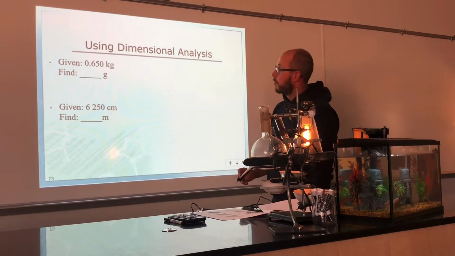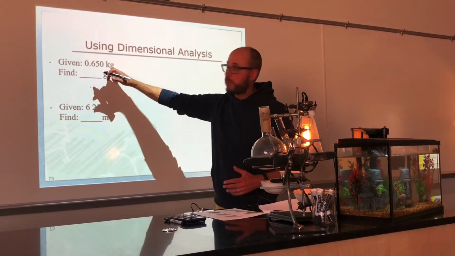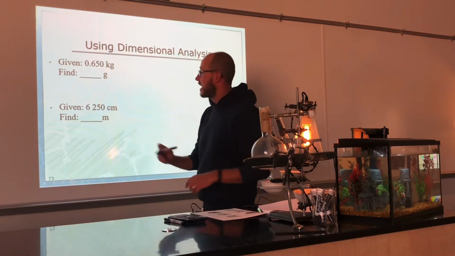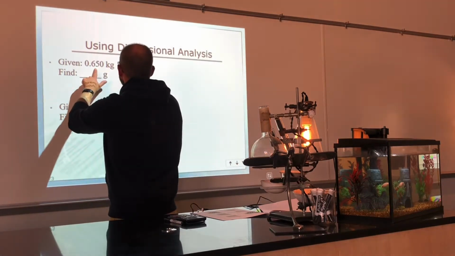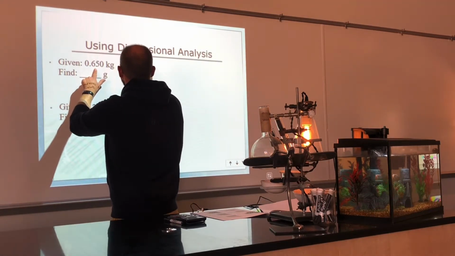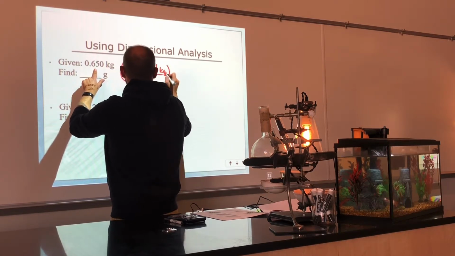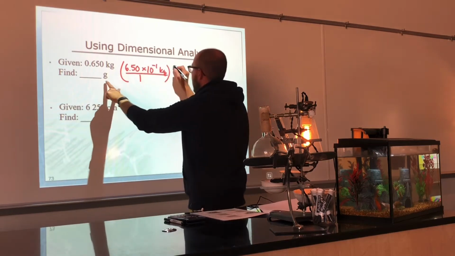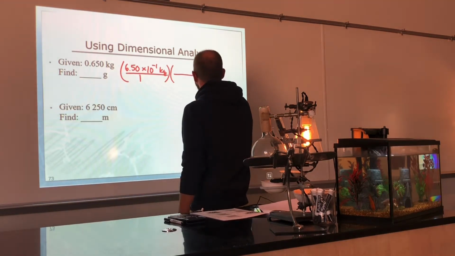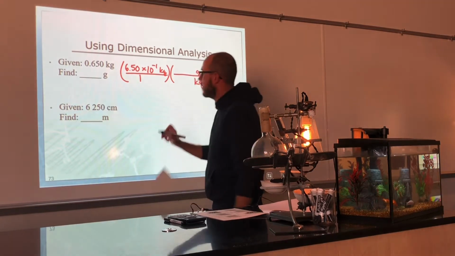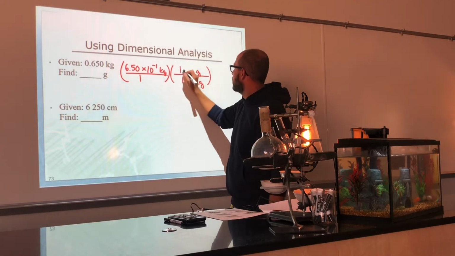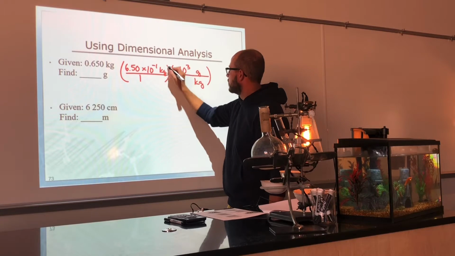In the next sample problem, we again have a prefix and a base, so it's one step. So we'll do 6.50 times 10 to the minus 1 kilograms over 1. And I'm getting rid of kilograms, so that'll go on the bottom. And I'm going to grams, so that's up top. 1 kilogram is 10 to the third grams.